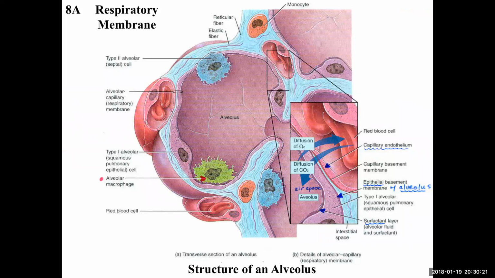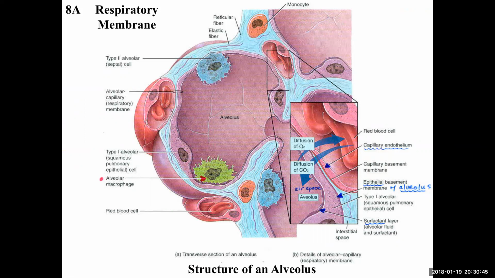This is the respiratory membrane, right across here. So the respiratory membrane, of course, is for gas exchange, and the alveolar exchange surface is about 140 square meters. That's about the size of a tennis court.